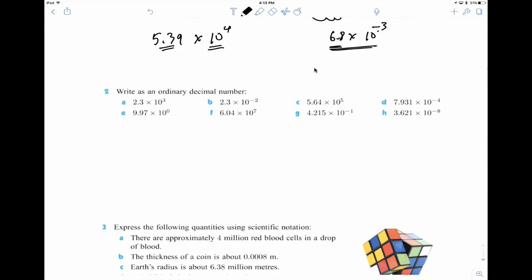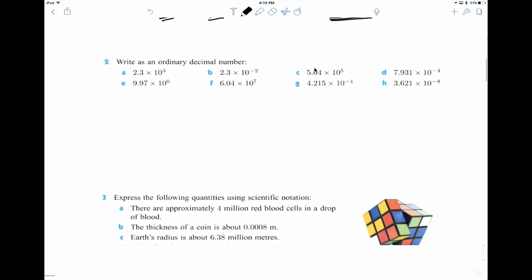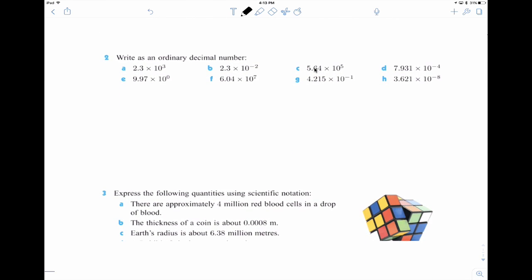Question 2. You are to do A, C, E. I'll do, again, B and D. So now we're going the opposite way. What is 2.3 times 10 to the negative 2 in normal or ordinary decimal numbers? Well, negative 2.